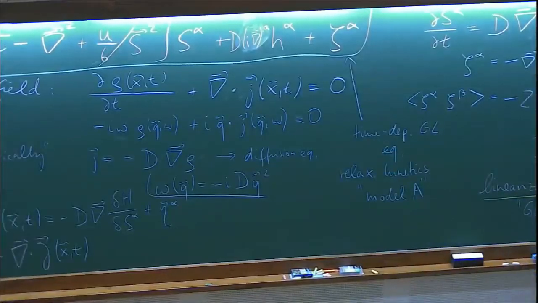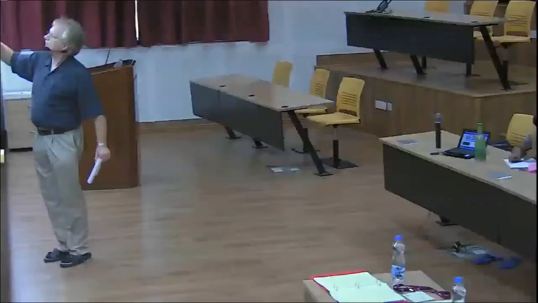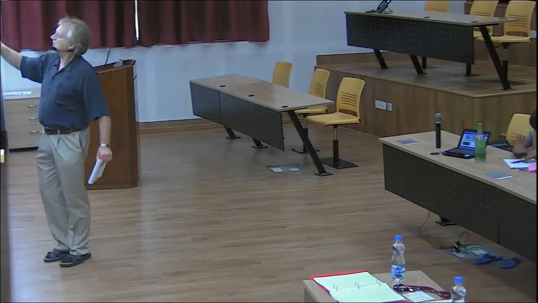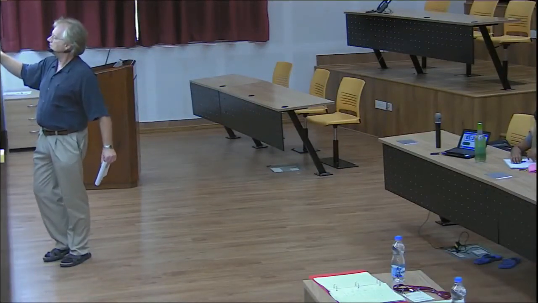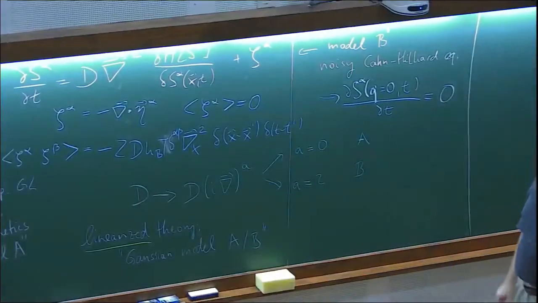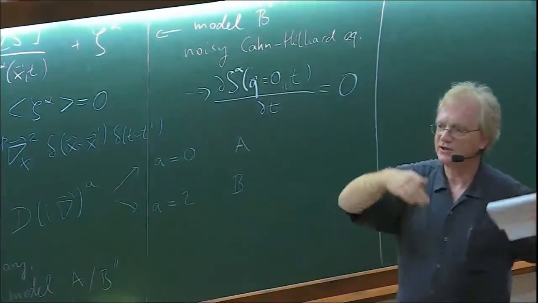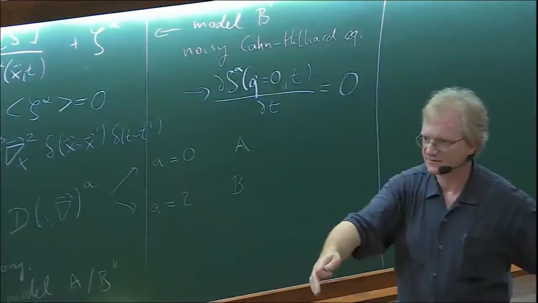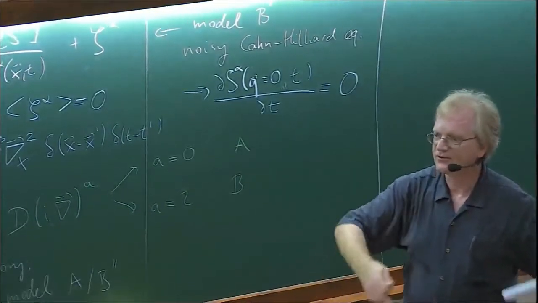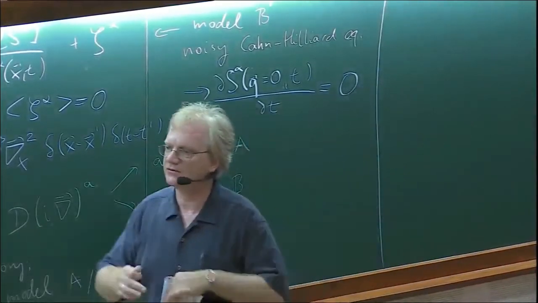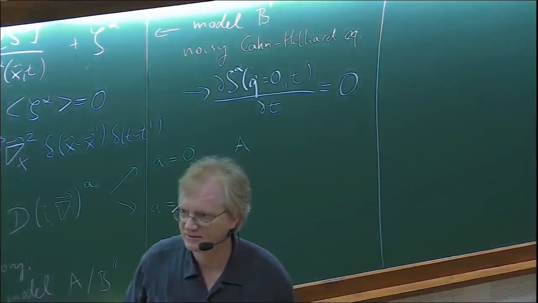Yes, so you could do that. What I really mean by this is that S of q equal 0 does not actually depend on time. That is a conserved order parameter. Or the q equals 0 component is the spatial integral of S of x, right? So the total order parameter, the integral of the order parameter density over all space does not change.